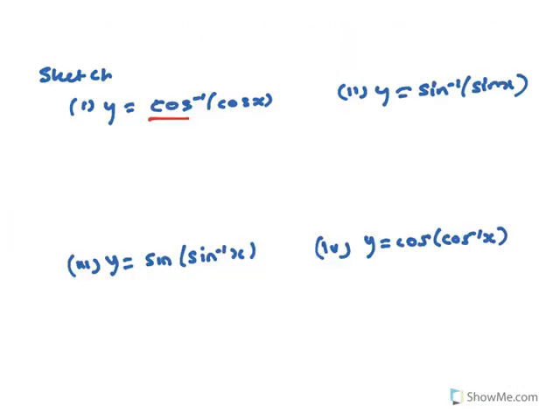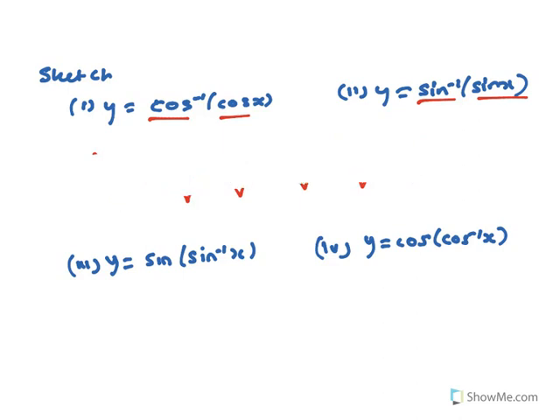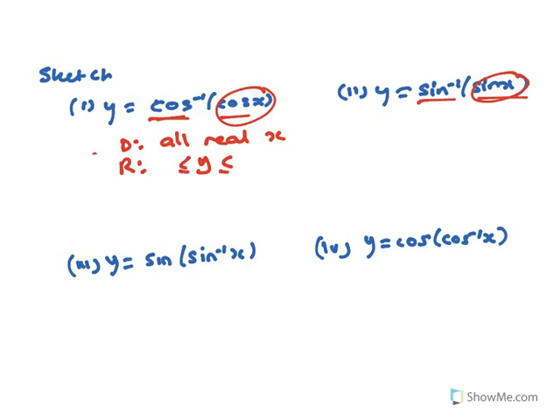Alright, so looking at the cos of cos the minus 1 or the sine the minus 1 of those, I want you to think about those as zigzag curves. The reason they are going to be zigzag curves, and if you put it onto Desmos, just have a quick look at it, is because when you look at the domain, it is all real x. So there's no restriction. Whereas the range of the cos the minus 1, the y has to go between 0 and pi, because the cos the minus 1 graph looks like that.